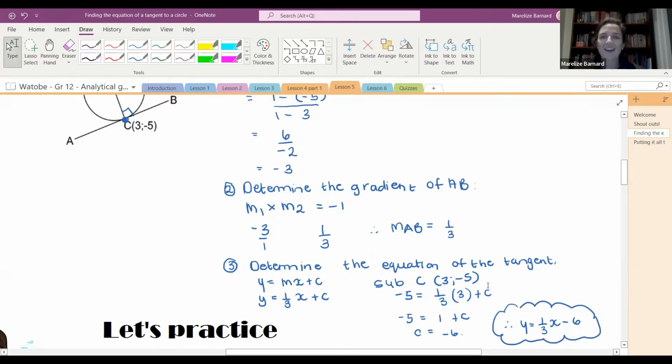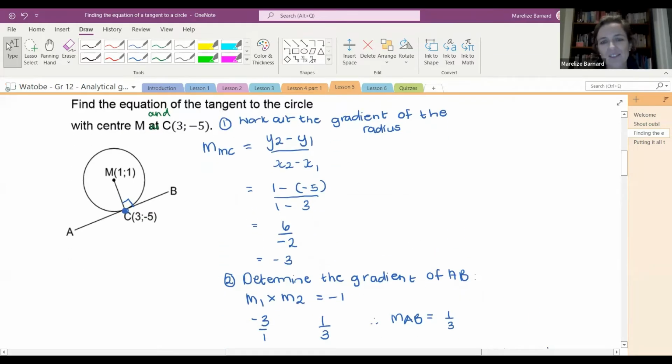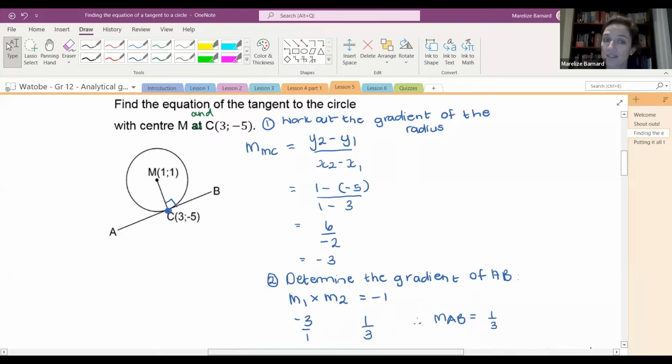Phew. Okay, let's just run through that again. The important concept is that the tangent is perpendicular to the radius. So if you can work out the gradient of the radius, then you can find the gradient of the tangent, because they will be perpendicular. That's where you start. You calculate the gradient of MC in this case, which is the gradient of the radius.